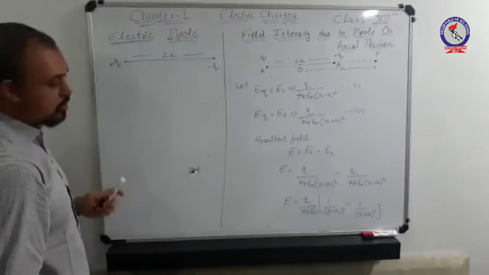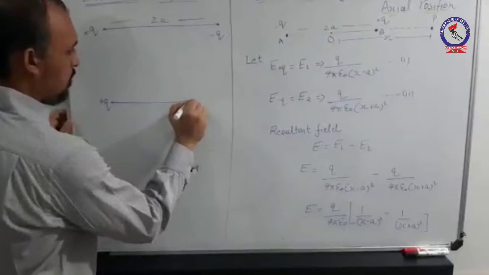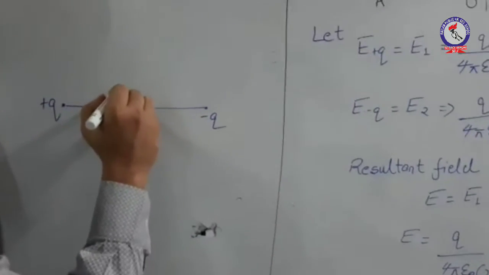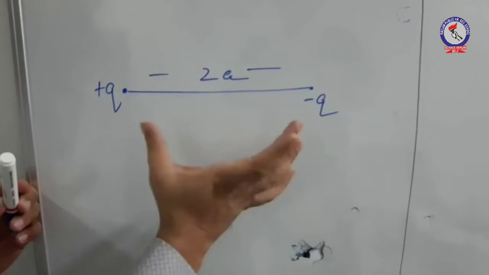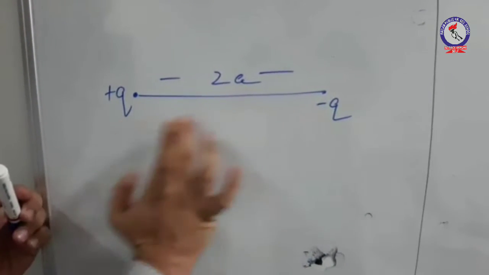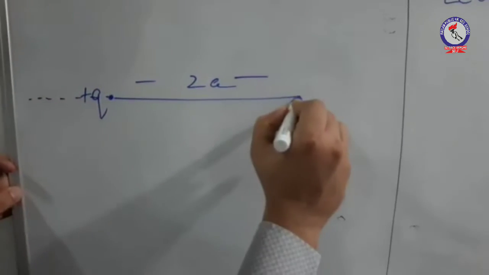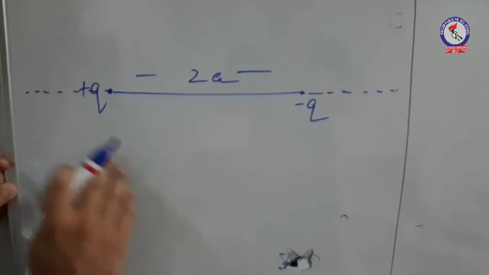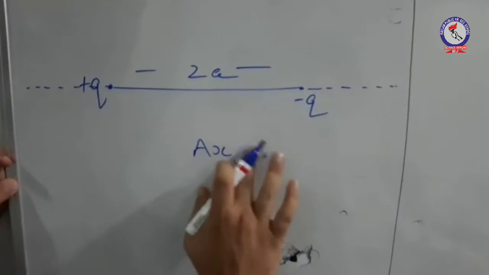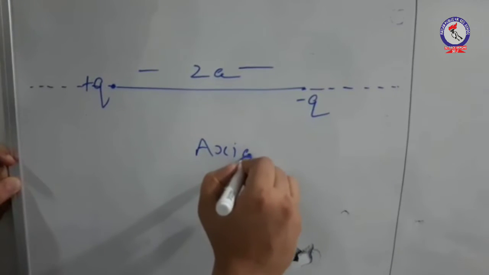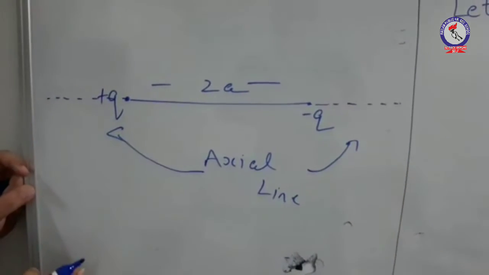I consider the same dipole which I am redrawing again. So you have a dipole. As you observe, the two charges are joined by a line. If this line is extended onto both directions, this extended line is known as axial line.